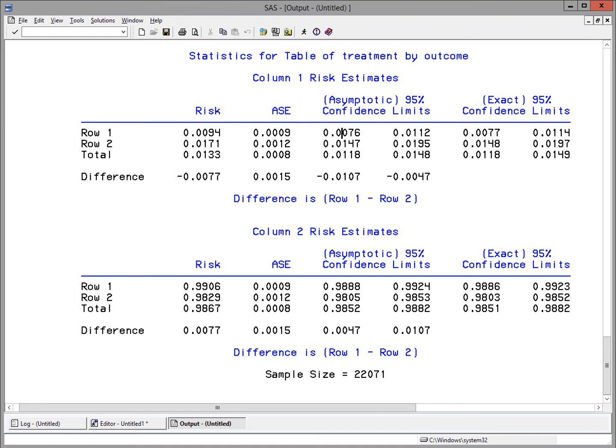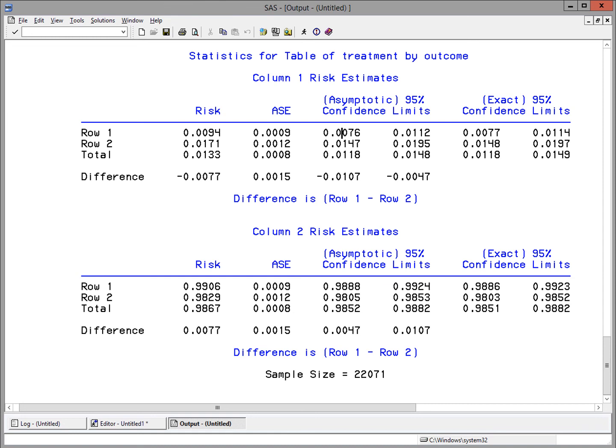So risk in this case is just like the sample probability or sample proportion. Remember, row 1 was our aspirin, so a little less than 1% of our aspirin group had a heart attack. We look at row 2, that's our placebo, a little less than 2% of our placebo had a heart attack. And then that bottom row shows us the difference.